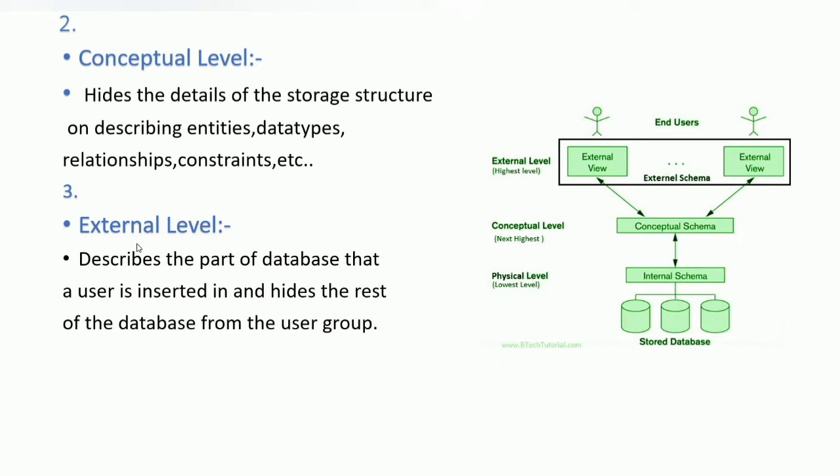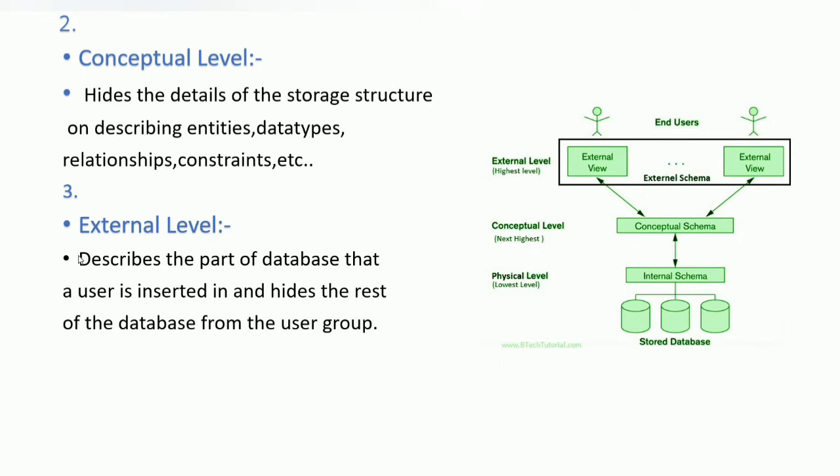The next level is the external level. The external level is the topmost level of the database management system. Here, mainly the end users are involved; we are the end users.